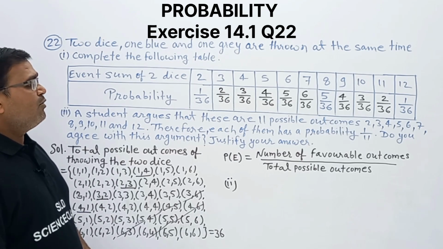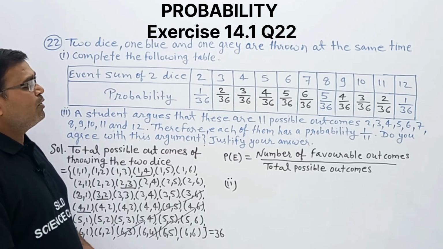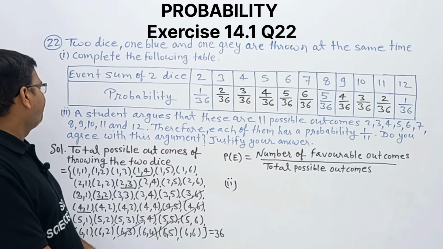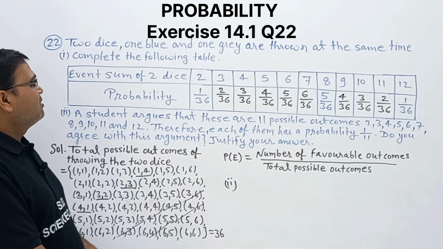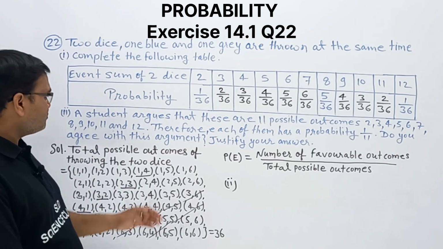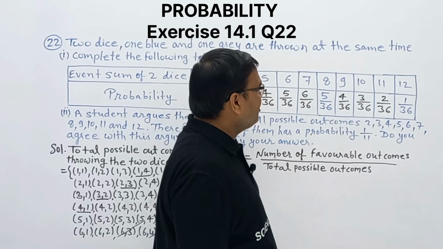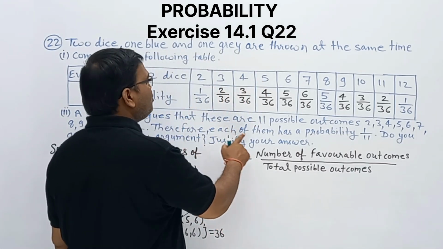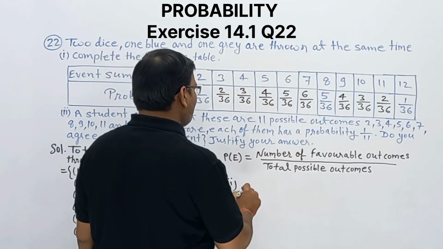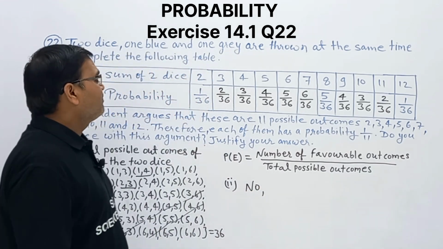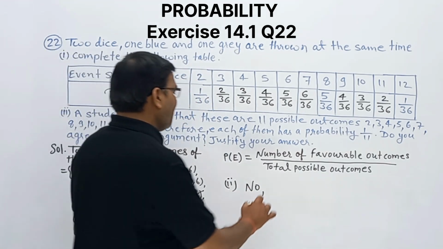These events are not equally likely, so we can say this is wrong. No, because these events are not equally likely.